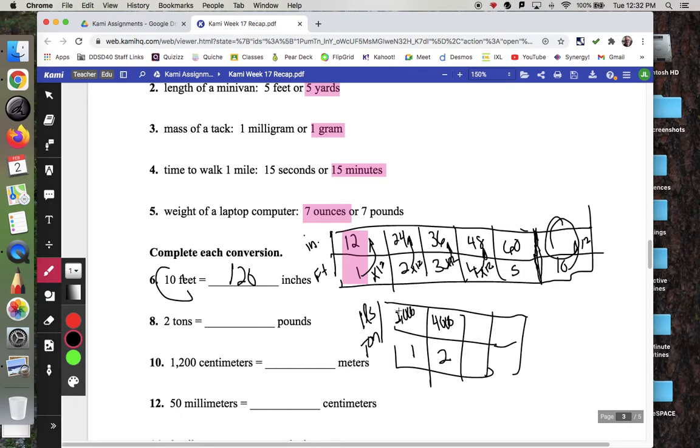And if you're wondering where I get that information, there is on the stream today a chart that has conversion factors. So 3 is going to be 6,000 pounds, and 4 is going to be 8,000 pounds. And what we need is this one right here, 2, so that's going to be 4,000. So the factor to get from tons to pounds is to multiply by 2,000.